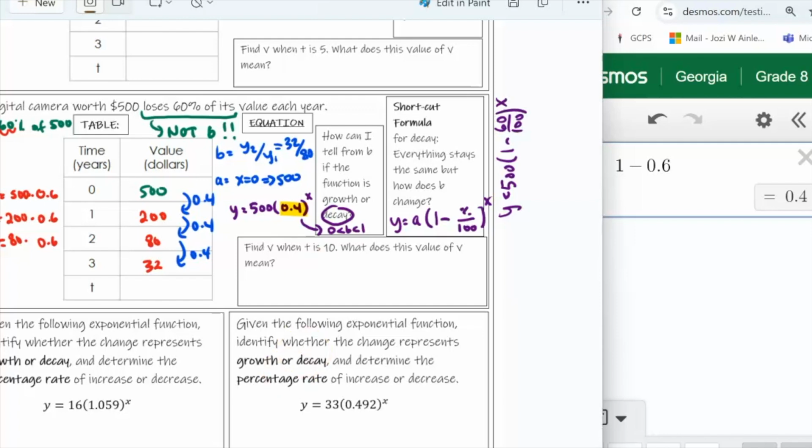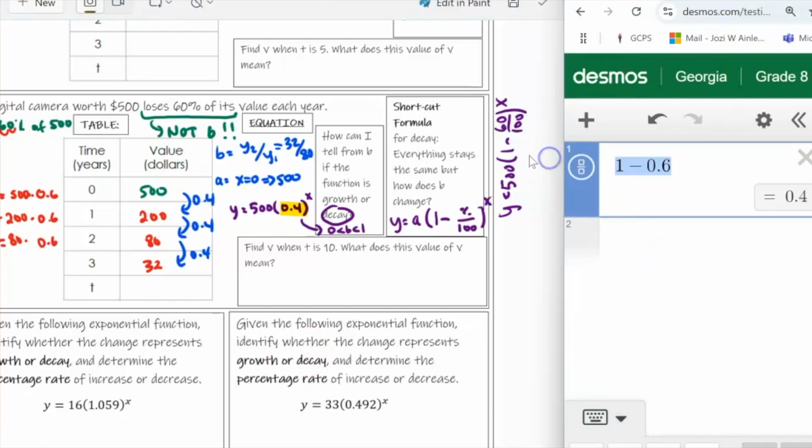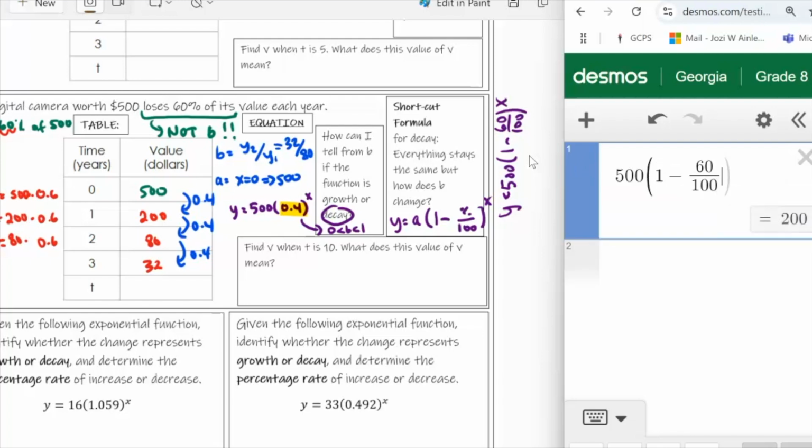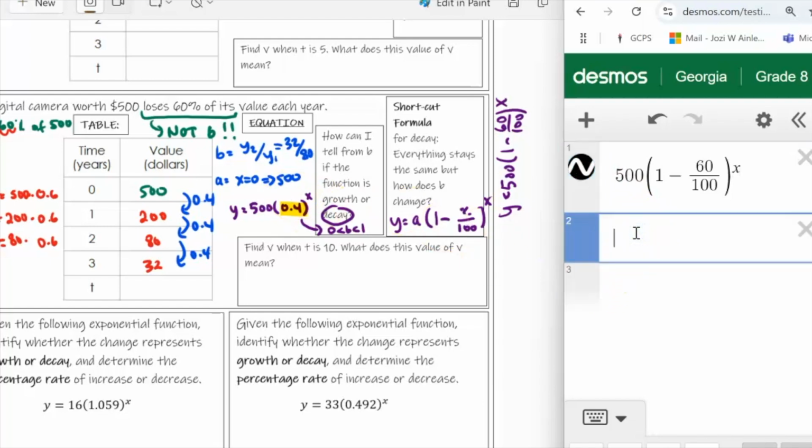And we're going to put that into our calculator. And we're going to see if we end up with the same thing. So we have 500, and then we got 1 minus 60 divided by 100 to the power of x. And we're asking, is this the same as having 500 times 0.4 raised to the x?